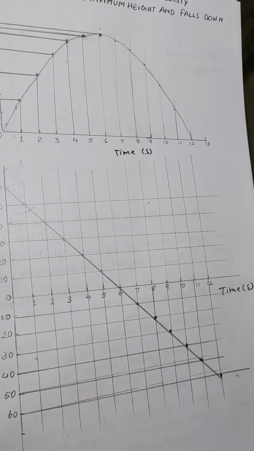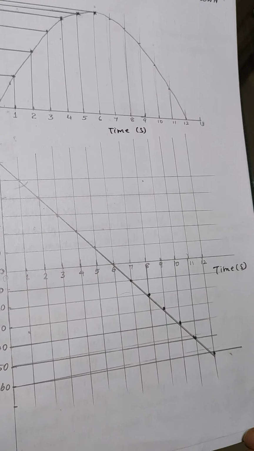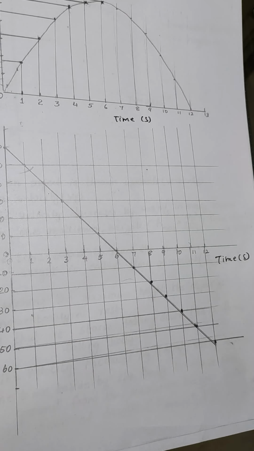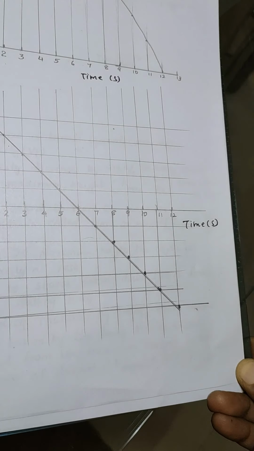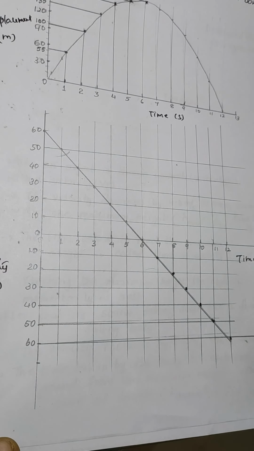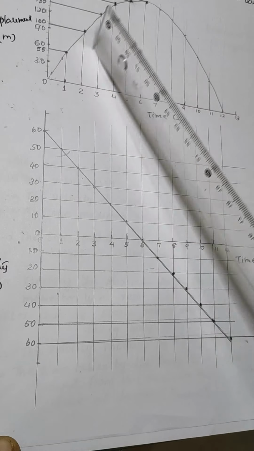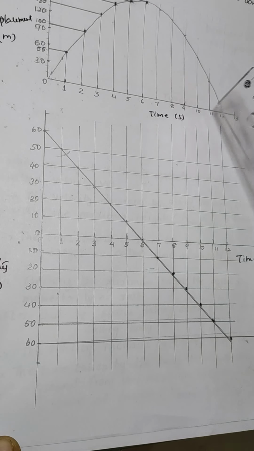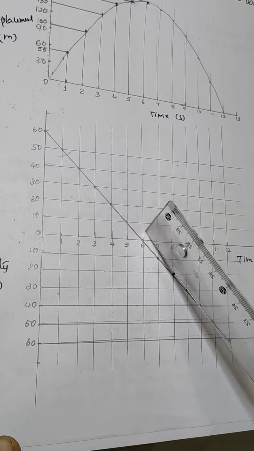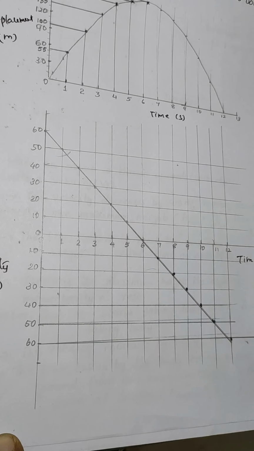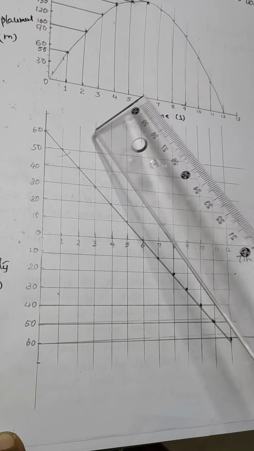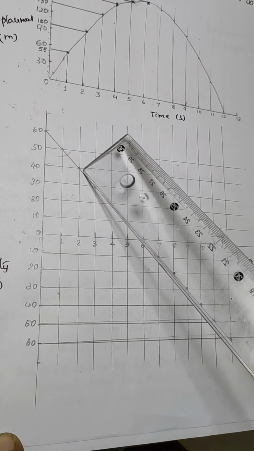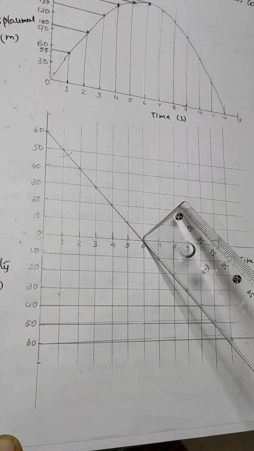Now what happens to the velocity? There is a variation in the displacement, and correspondingly, if you calculate the velocity, you can see that the velocity is decreasing at a constant rate.